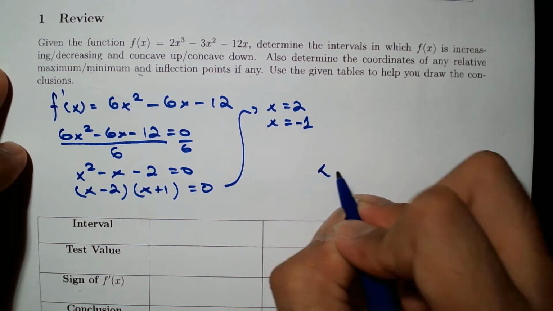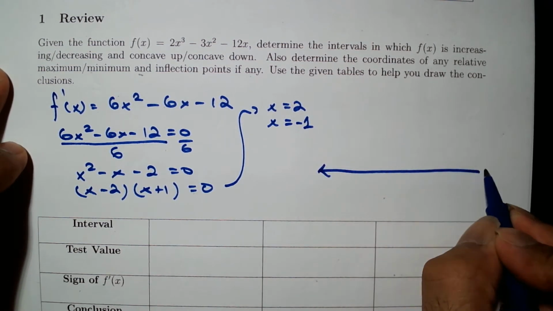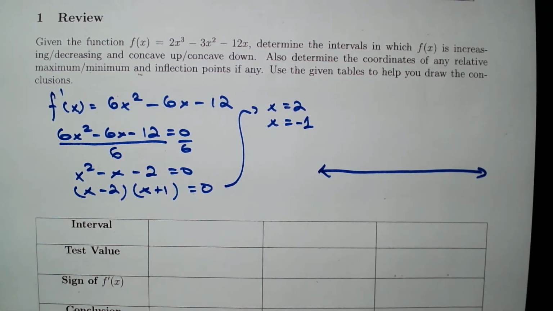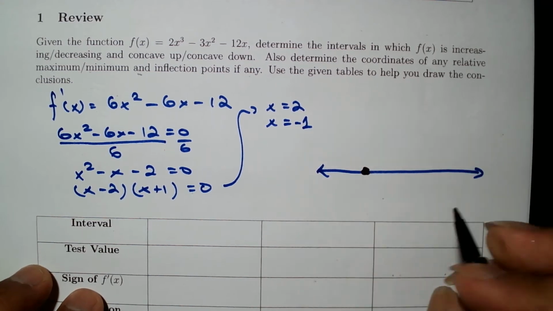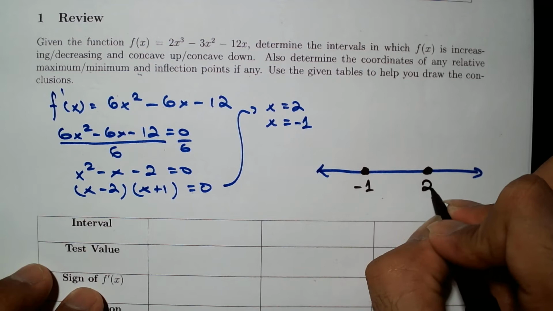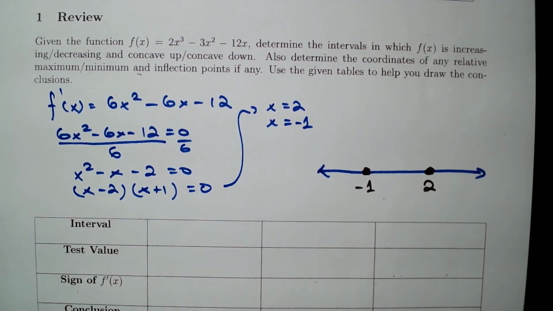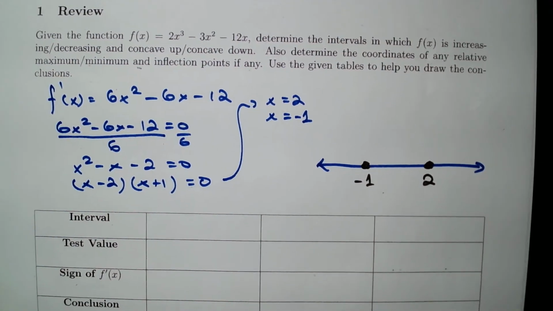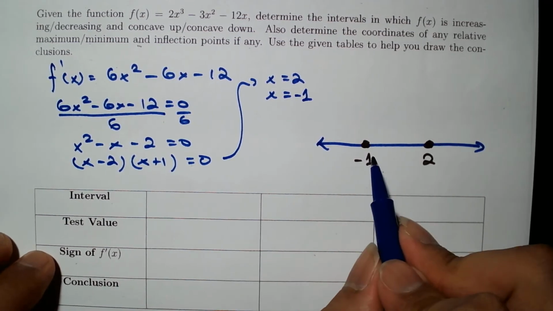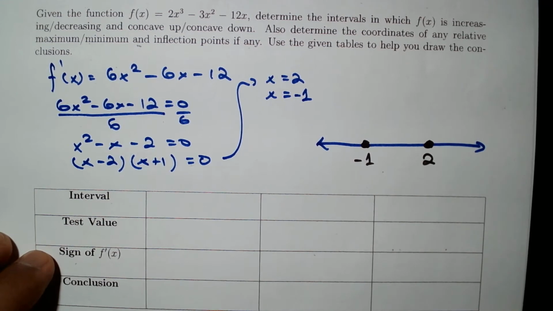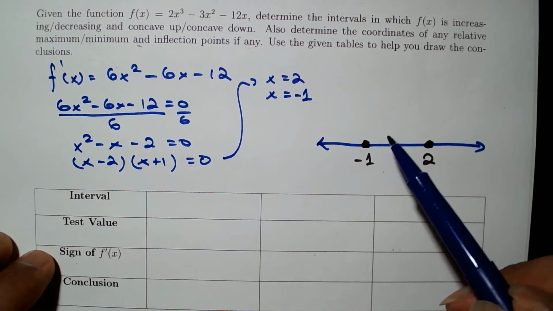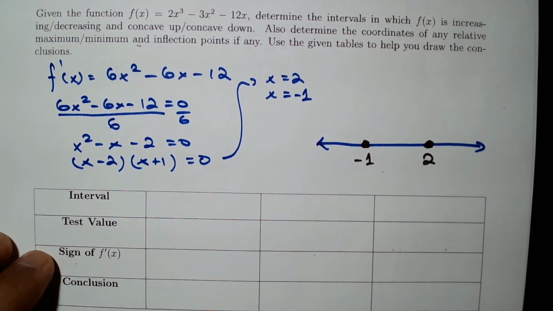These are going to be our critical numbers. So I'm going to draw a number line and locate those critical numbers: negative 1 right here, and the number 2 over here. I'm going to use the first derivative test. When we chop this number line using these critical numbers, this gives rise to three intervals to test whether the function is increasing or decreasing.